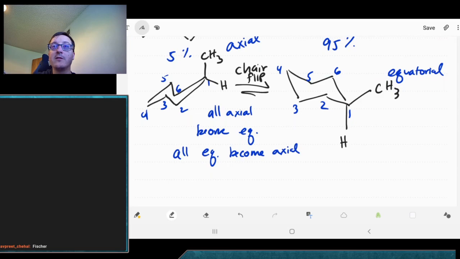Oh, we have plenty of Newman ones there. Number 12, for example. We can start on those. We can draw them as one chair and then flip it and see what happens when these things are related. So number 12 is all about comparing chair cyclohexanes.